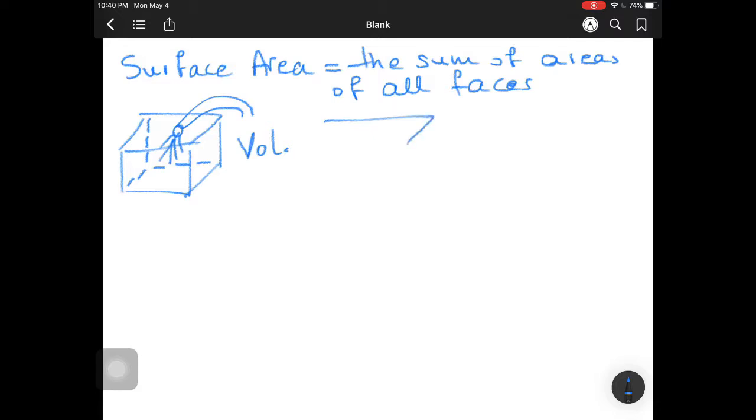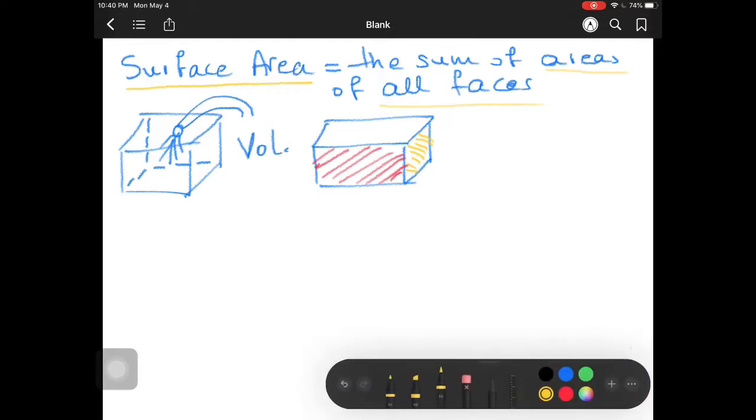But let's say your tank, you don't want to fill it with something. You simply want to paint it. You want to paint this face, and you want to paint this face, and you want to paint the 6 faces. If you add the areas of all the faces, this is what we call surface area.